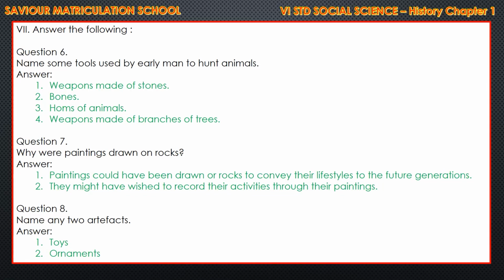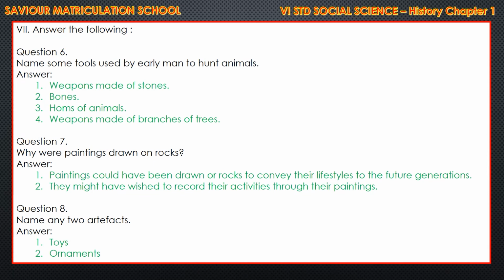Children, again you repeat it. Weapons made of stones, bones, horns of animals, and weapons made of branches of trees. So these are the tools which the early man used to hunt the animals. Have you understood, children? Okay, we'll pass on to question number 7.